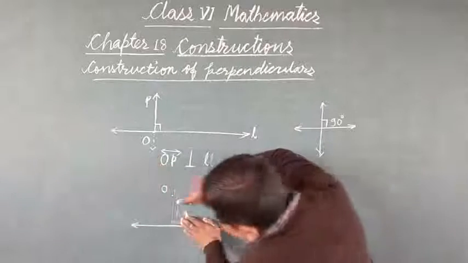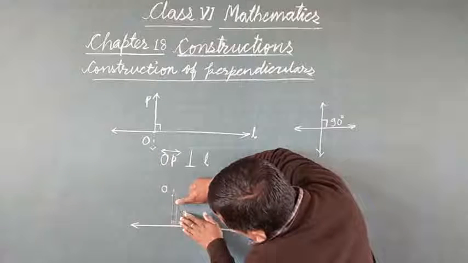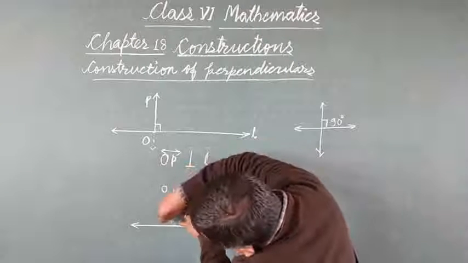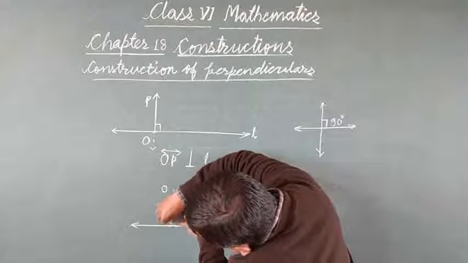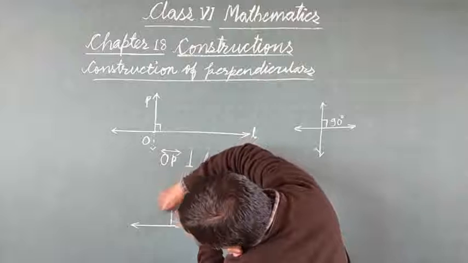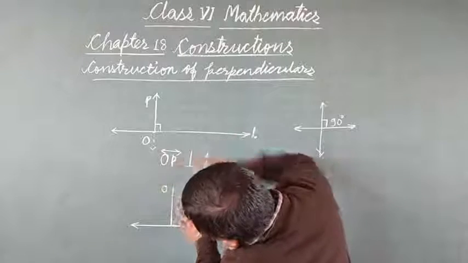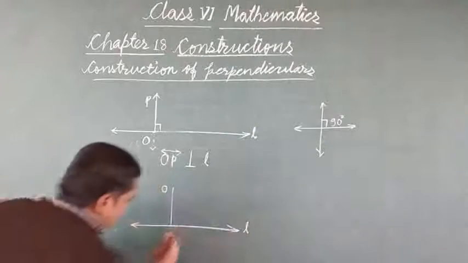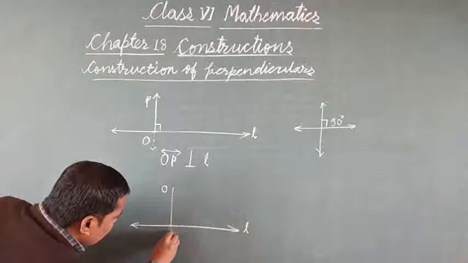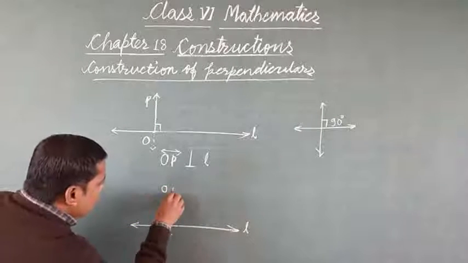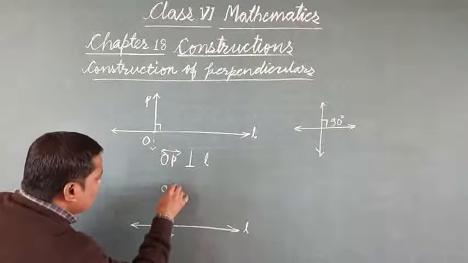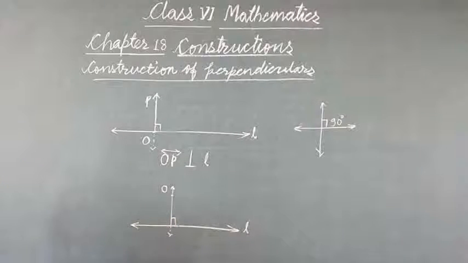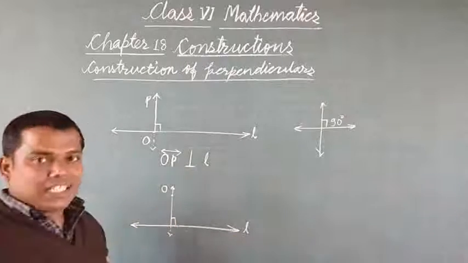Now see here, it is going to touch the point. Here is point O. From here, we can draw along it. You can extend the line here also. So this is the required line which is perpendicular to line L.